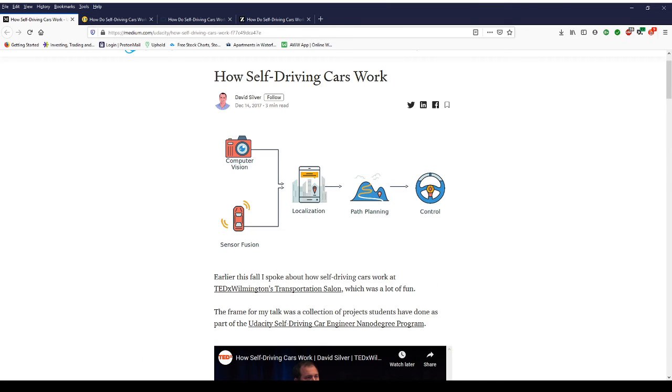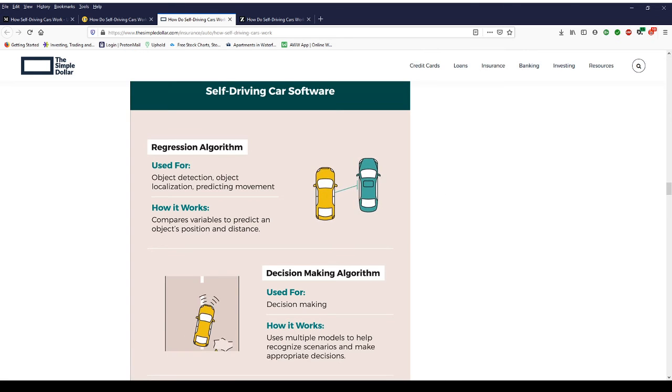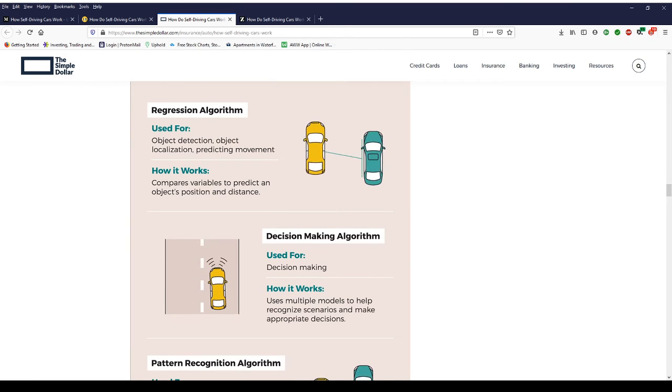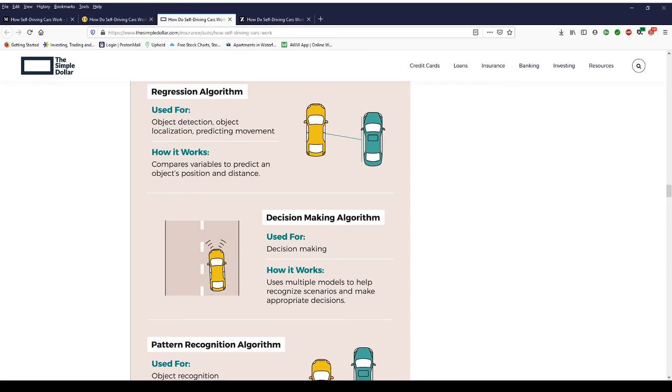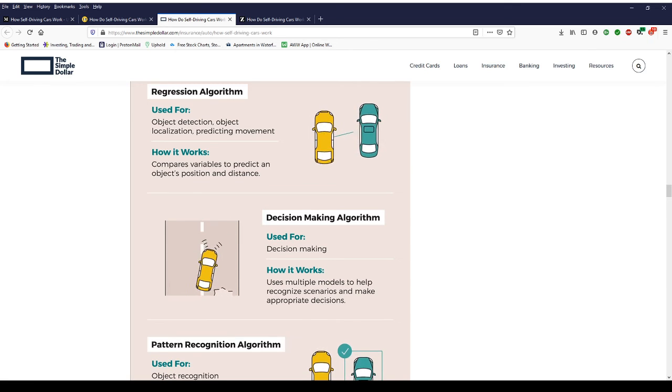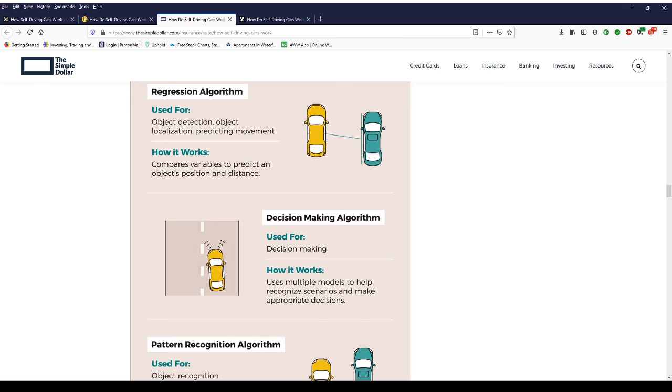When it comes to path planning, the tasks are a lot more complicated than they seem. Self-driving car software uses a lot of complex algorithms, such as machine learning and neural networks, in order to predict what the next move is. If a car is approaching us, what's the next move?